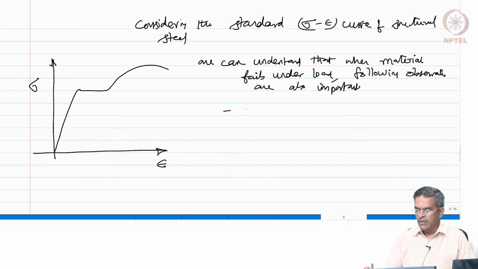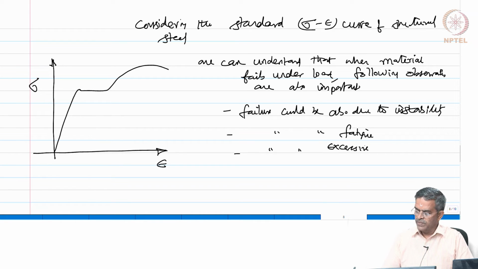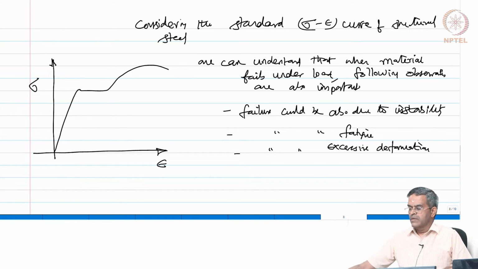The failure could also be due to instability, it can also be due to fatigue, or it can be due to excessive deformation. So, if any of these factors does not initiate the failure, then the member can carry more load beyond the elastic limit, isn't it?